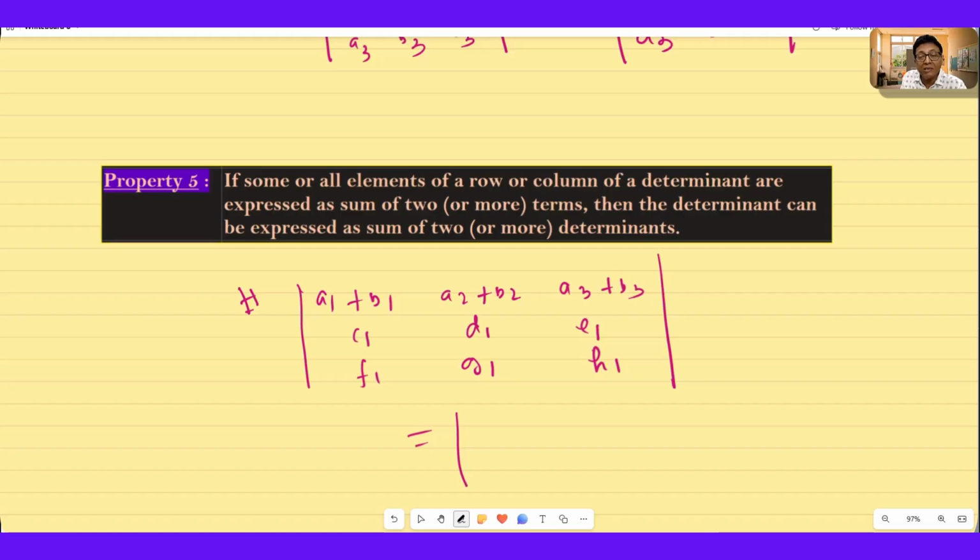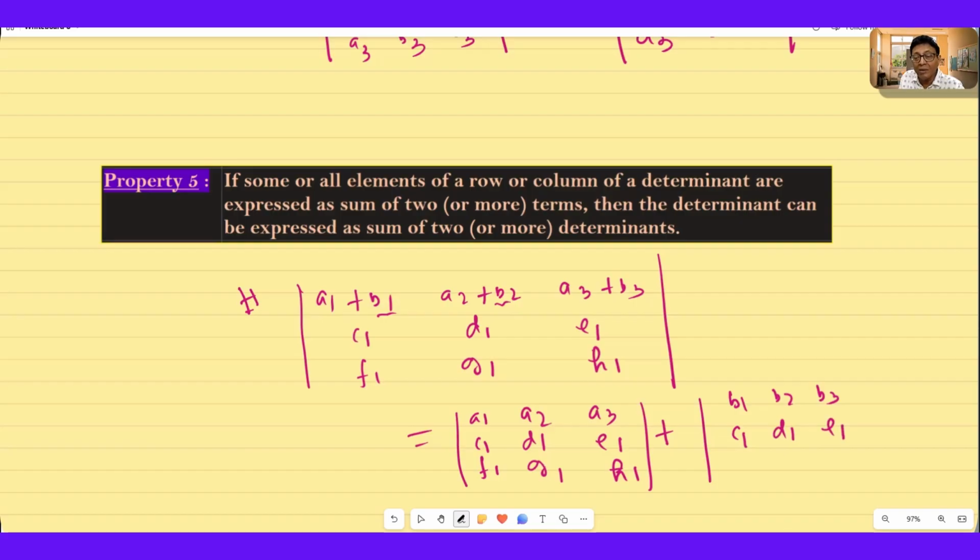This determinant is the sum of these two determinants. These two will remain the same. A1, C1, F1, A2, D1, G1, A3, E1, H1. These two rows will remain the same for the next one also. Just we will be taking the second element in this sum, that is B1, B2, B3, C1, D1, E1, F1, G1, H1.